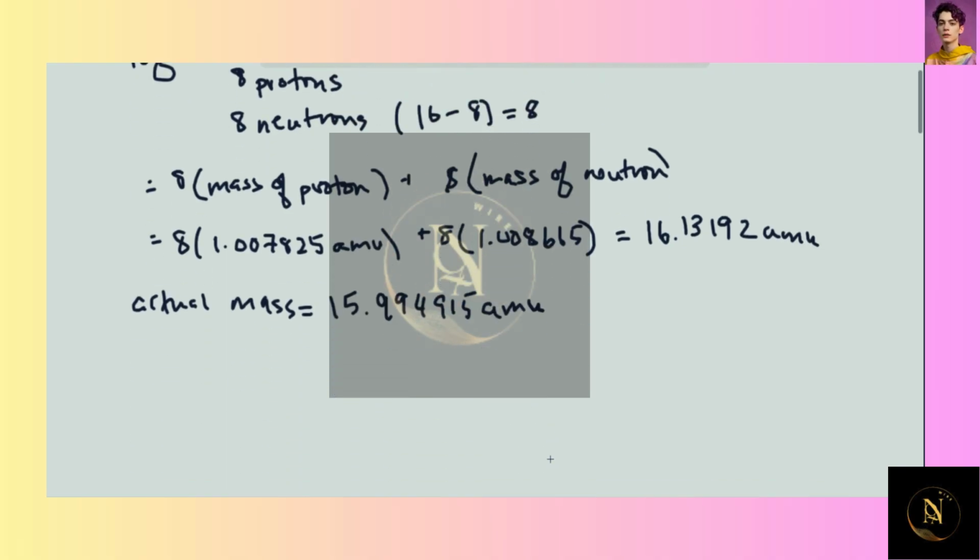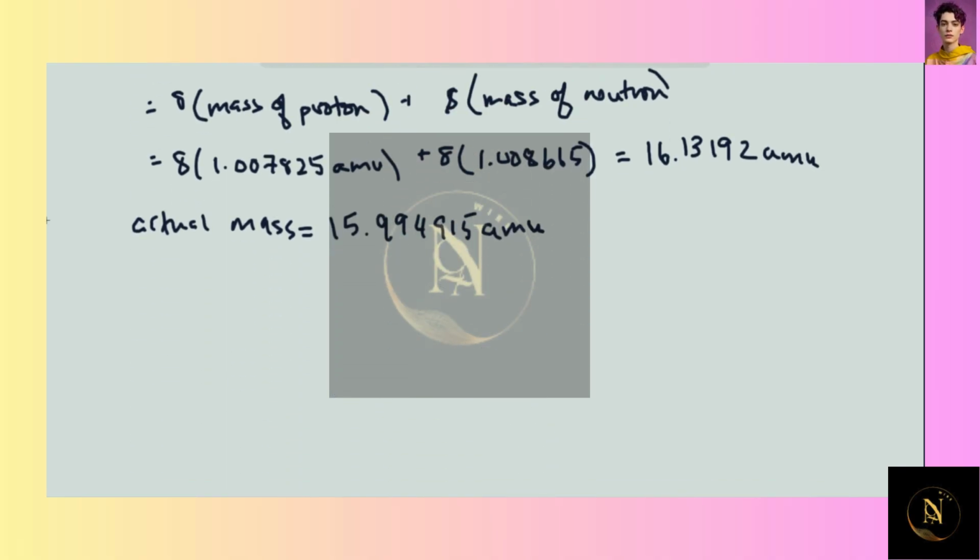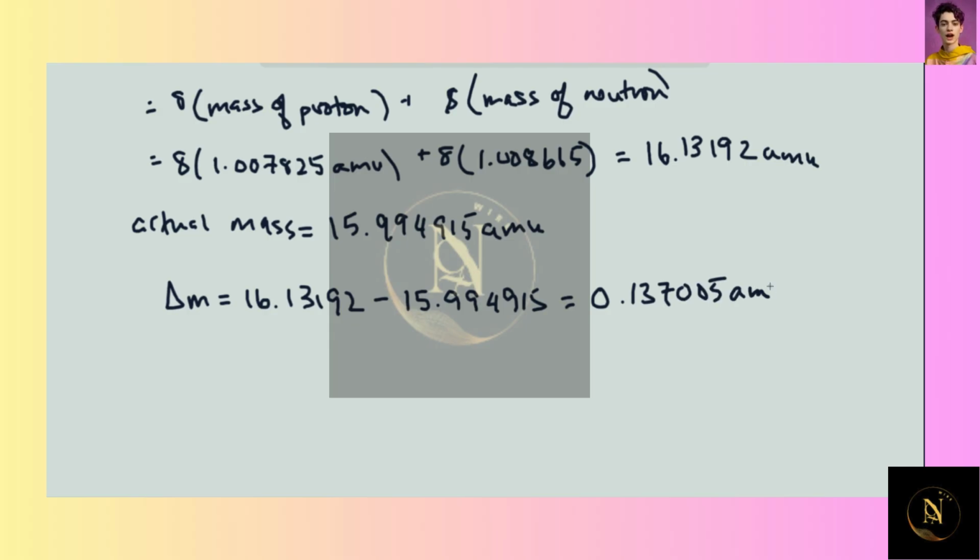So our mass defect is the difference between the two, or 0.137005 AMU.